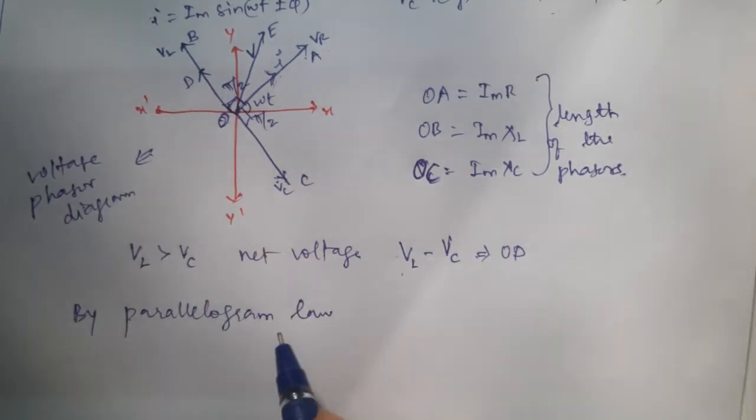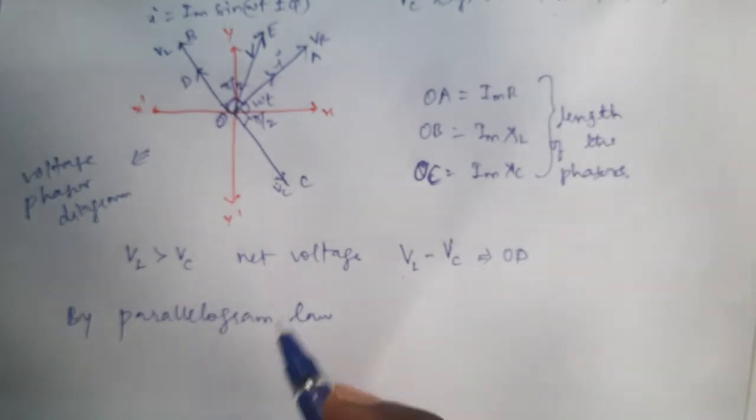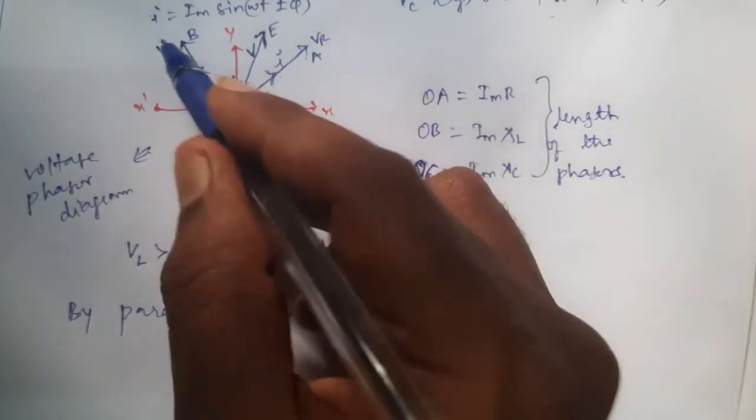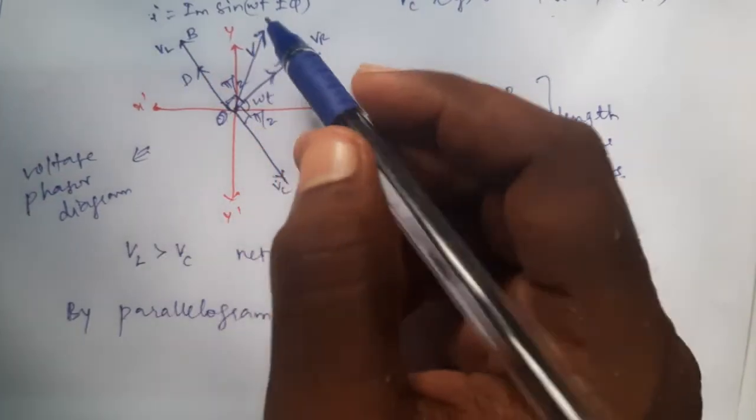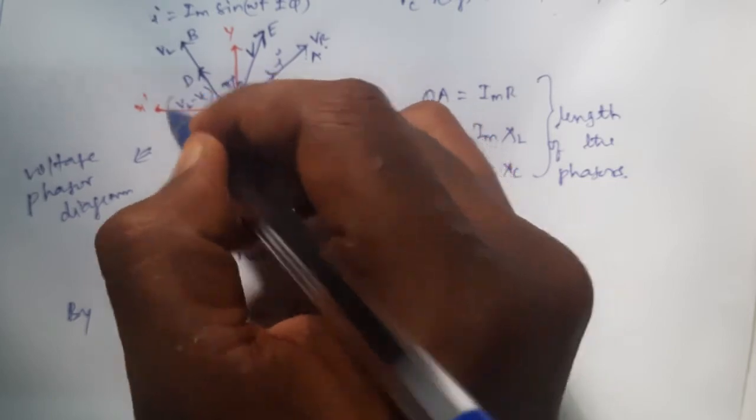By using the parallelogram law, the diagonal OE gives the resultant voltage V of VR, VL, and VC, or of VR and VL minus VC. This OD represents VL minus VC.